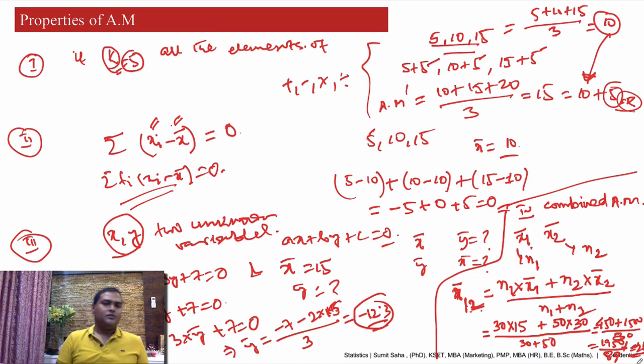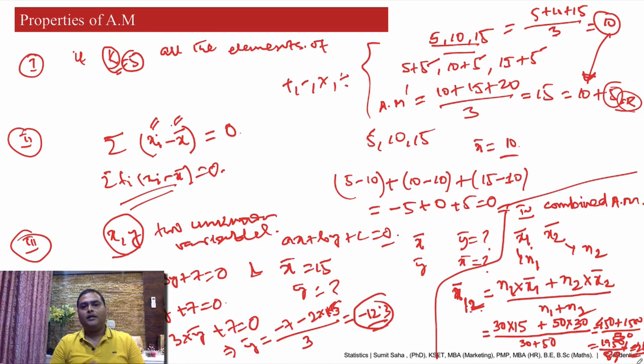So hope you have understood these four properties of mean. First one is if you are adding a constant value to all the elements of the observation, then the arithmetic mean also will be increased by that constant value. And the question is whether this property is applicable only for addition? No, it is applicable for addition, subtraction, multiplication, division, all. Clear?